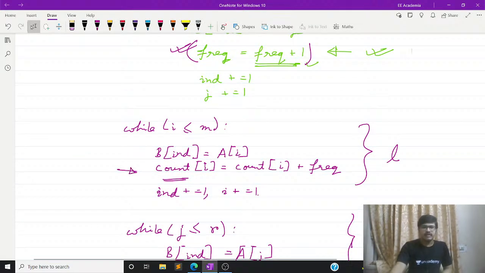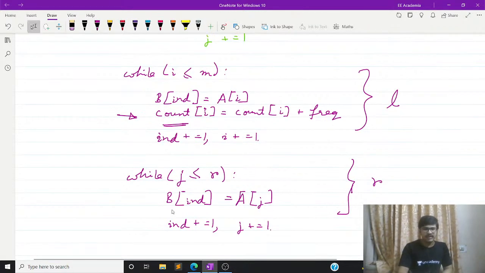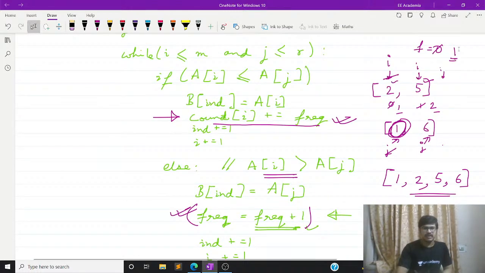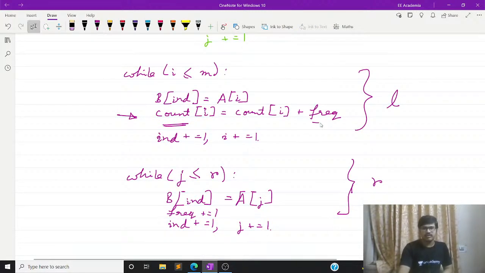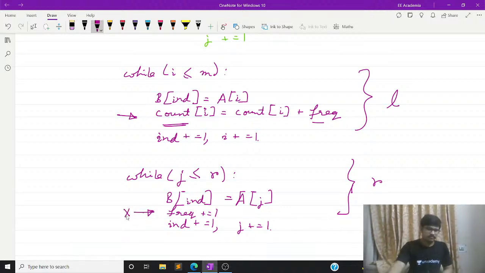Here you can increment frequency also, it doesn't matter, because frequency is only used here. It doesn't matter if you update frequency or not here. This step you can ignore also, not a big deal.